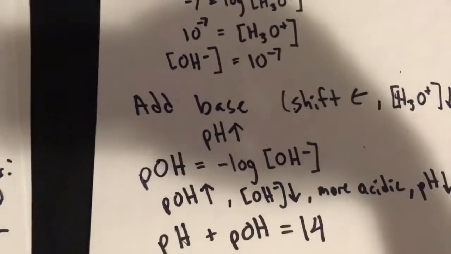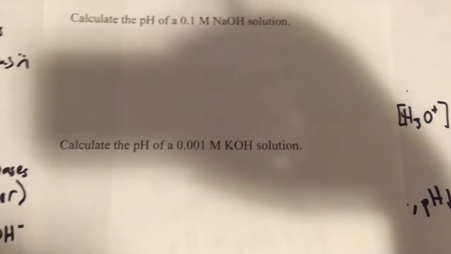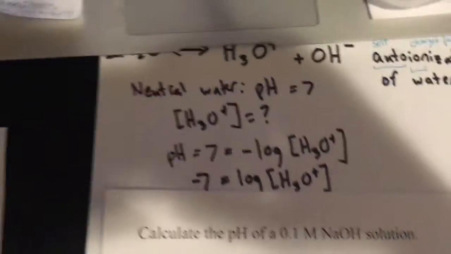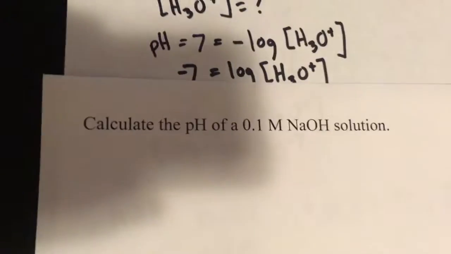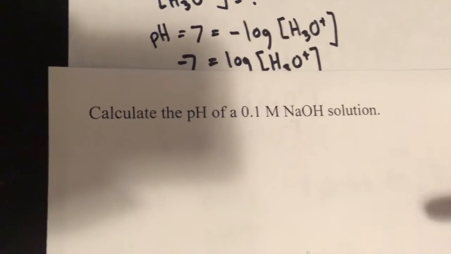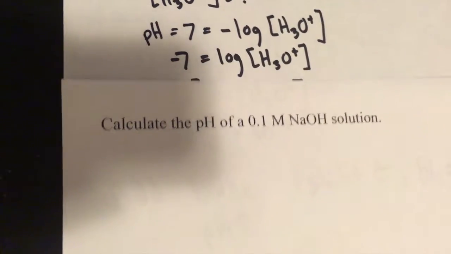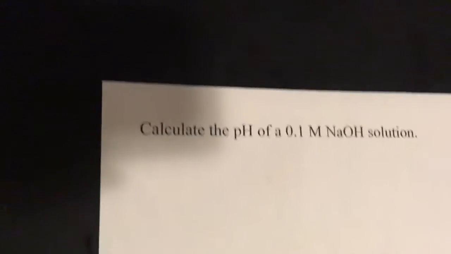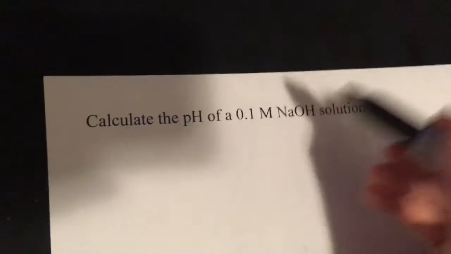Let's look at some examples because this is mostly useful when we're actually trying to solve problems. So let's look at this first example. I want to calculate the pH of a 0.1 molar sodium hydroxide solution. In order to calculate the pH, the easiest way to do this is actually to start by calculating the pOH, right?